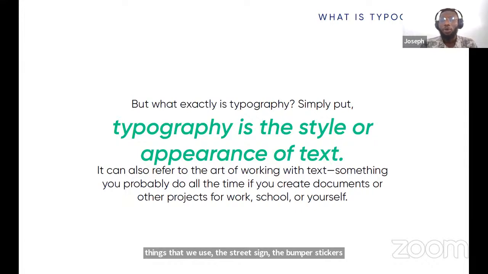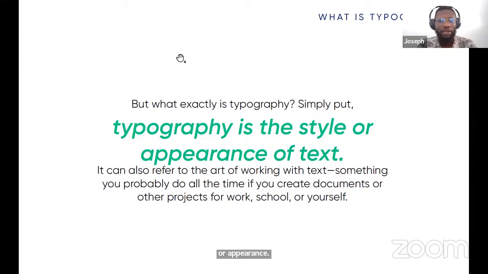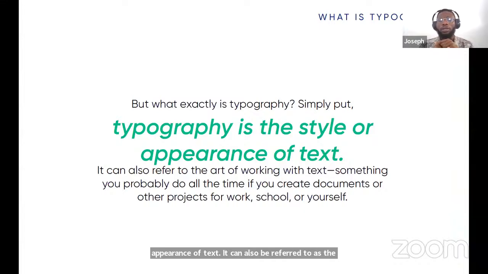Simply put, typography is the style or appearance of text. Type, text, what does that mean? Typography is the appearance of text. It can also be referred to as the art of working with text, which I said is something you do all the time.